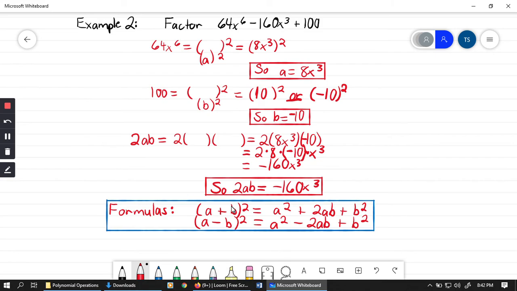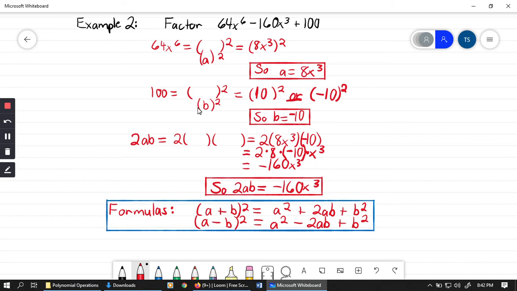One of them is where you have a plus b squared as the factors, and the other one is where you have a minus b squared as the factors.